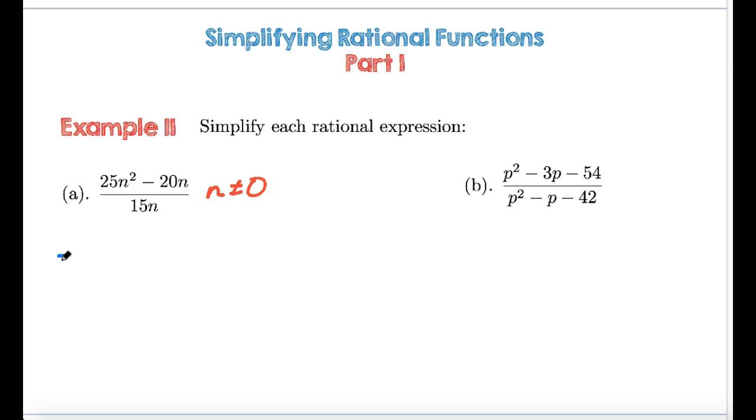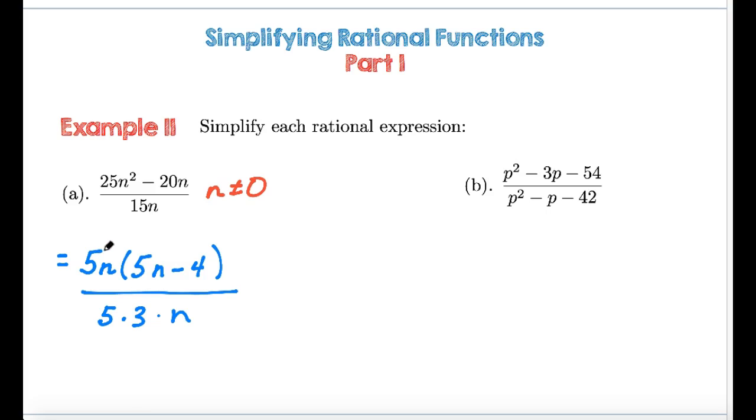So let's start at the top. 25 and 20 both have a common 5. N squared and n, let's take out the n. So we factor out the GCF, and we're left with 5n times the quantity 5n minus 4. I can just redistribute if I need to double check my answer. The denominator, I can break up into 5 times 3 times n if I wanted to.